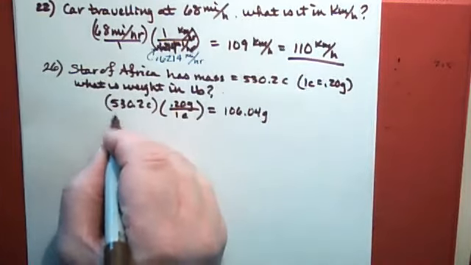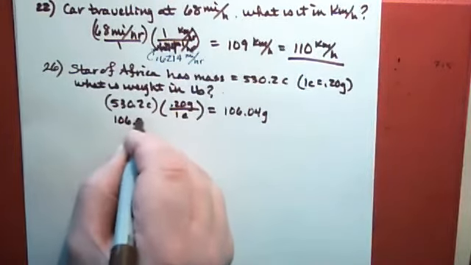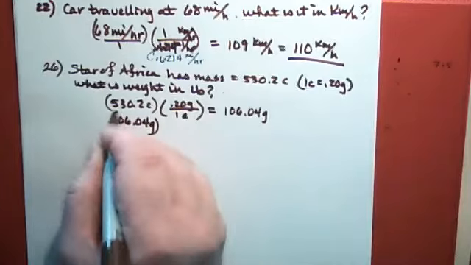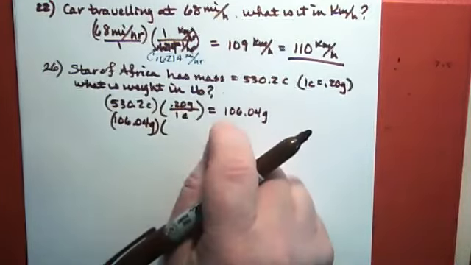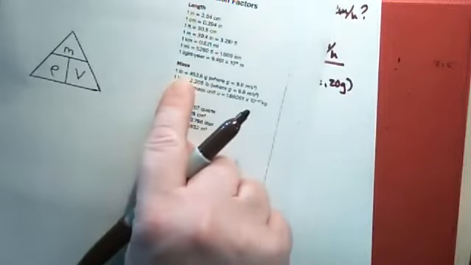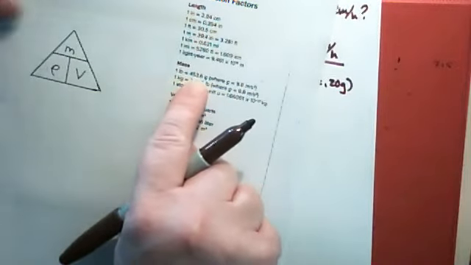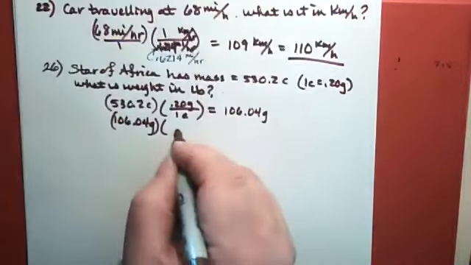Now that we're in grams, we can go to pounds. In our trusty conversion factor sheet, we have mass conversions. 1 pound is 453.6 grams.